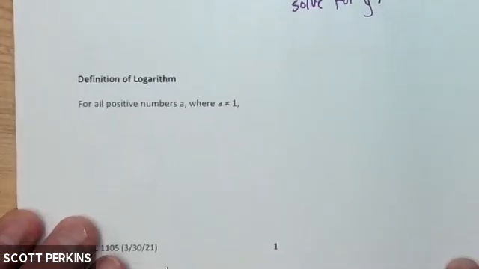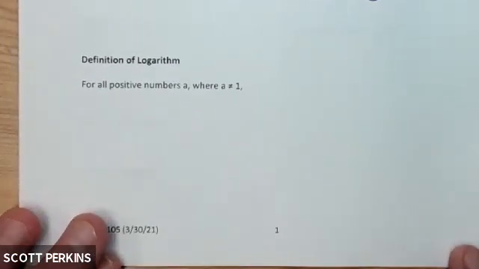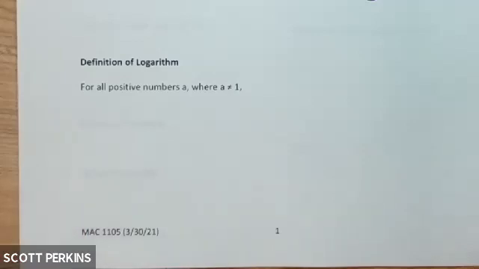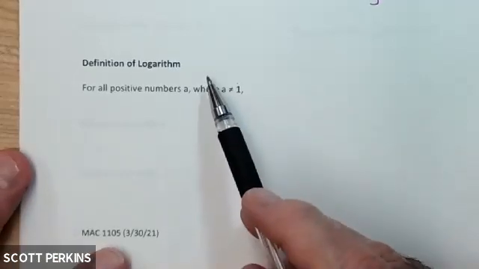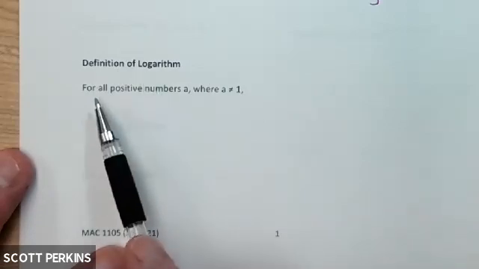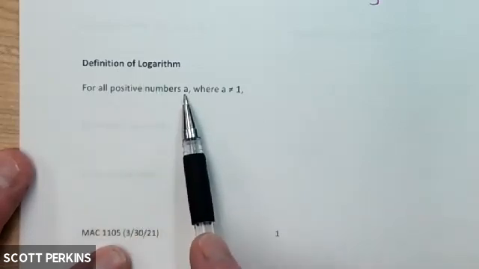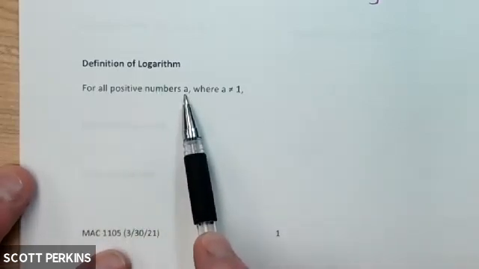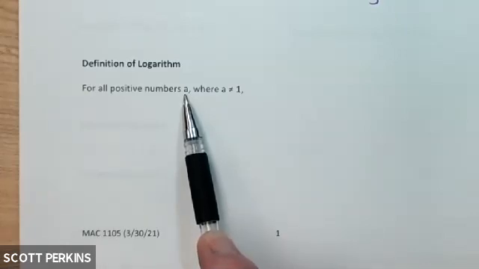We're going to define a brand new function, something that if you take pre-calculus, you are going to see an inordinate amount of time. We are going to define something called the logarithm. What the logarithm is, for all positive numbers a, the reason that's positive is the reason we saw in the last section: a is our base.